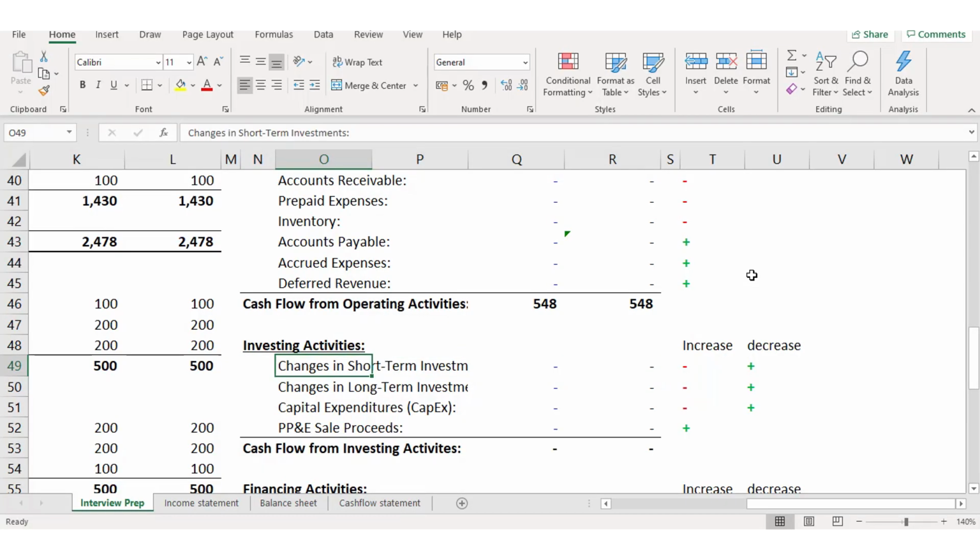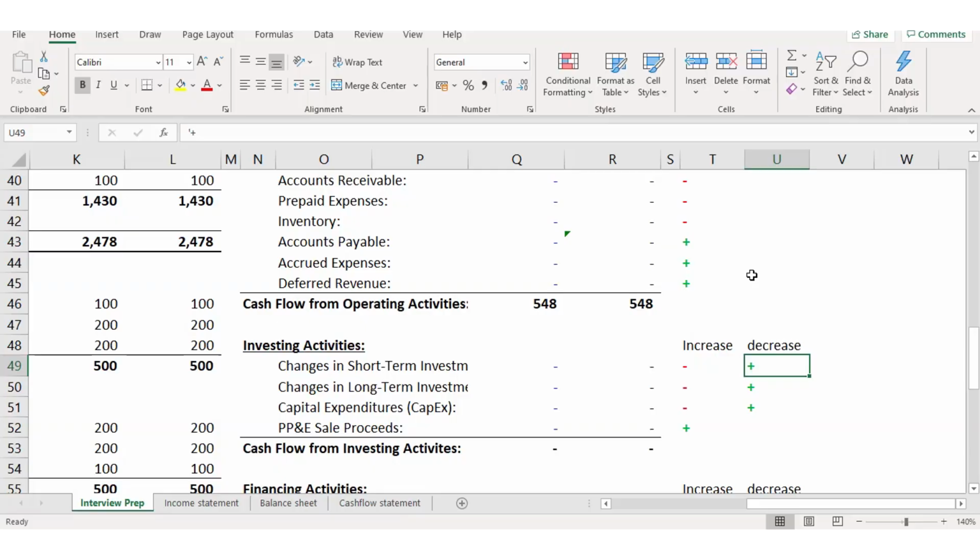Let's think of this as buying shares in a company. When you're buying shares in a company, you're of course going to be using your cash, which you have, to buy those shares. So it's a drain on cash. As this increases, it's going to take away cash. And when this decreases, it's going to give you cash, because when it decreases, it means that you sold your shares, so you now get cash in return.